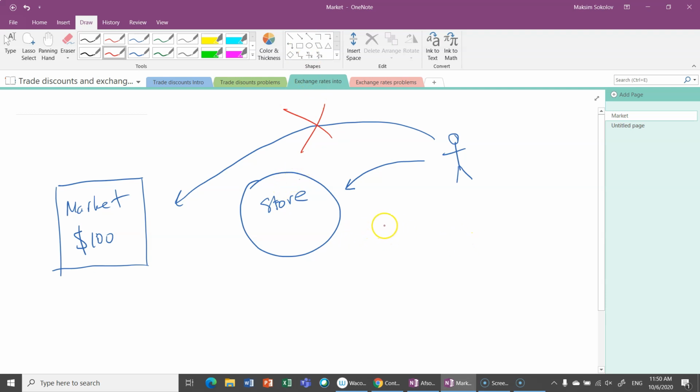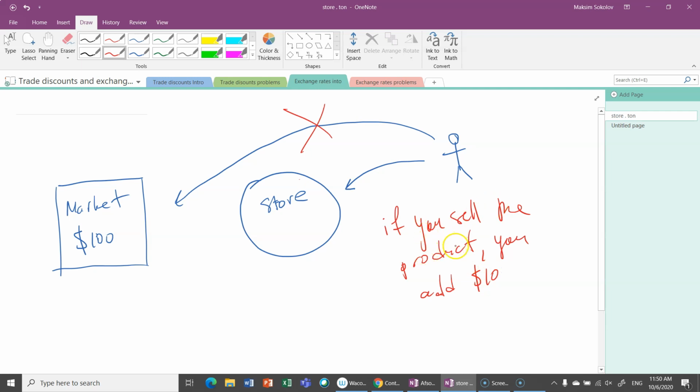So if you sell the product, you add commission. In this case, let's say you add $10.